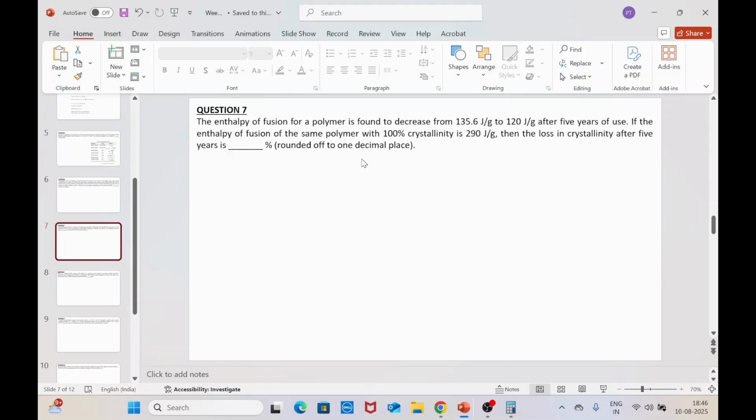The enthalpy of fusion for a polymer is found to decrease from 135.6 joule per gram to 120 joule per gram after 5 years of use. If the enthalpy of fusion of the same polymer with 100% crystallinity is 290 joules per gram, then find the loss in the crystallinity after 5 years.